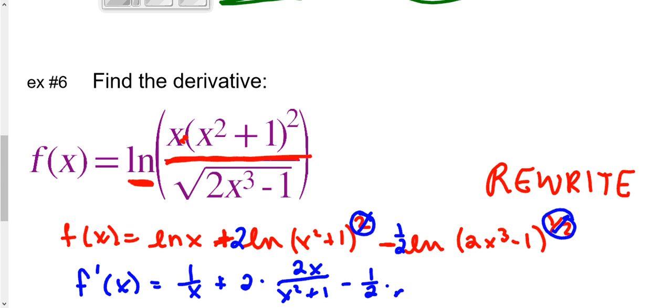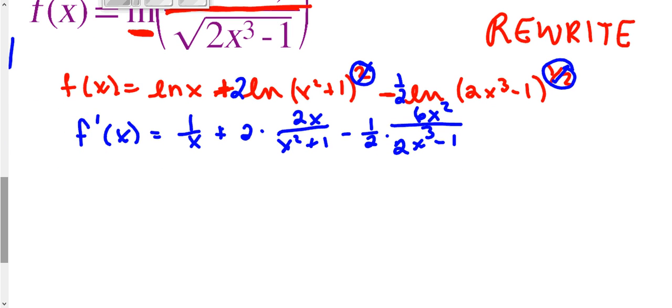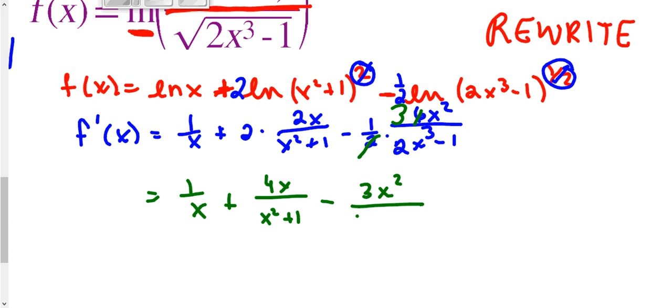We'll have 2x cubed minus 1 over 6x squared. So to simplify this, really all you need to do is multiply things together, plus 4x over x squared plus 1 minus, we can simplify that. That could be a 3. So this would be 3x squared over 2x cubed minus 1.